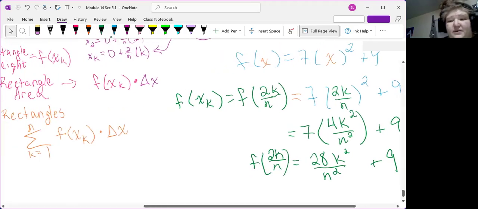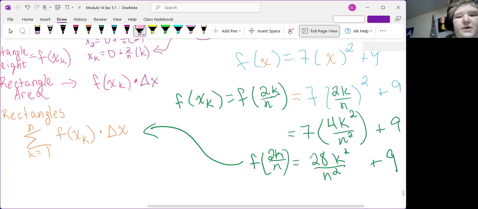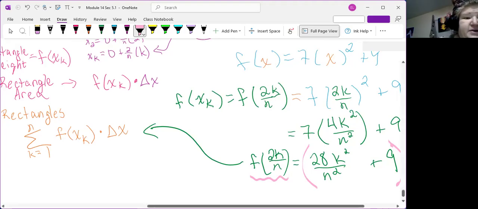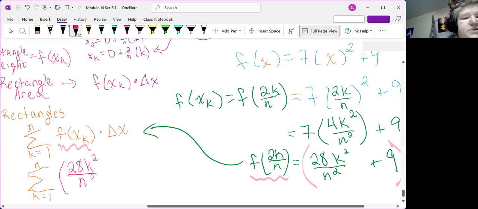So now this is something I can take back to my sigma. So this is saying this whole thing is the same as that whole thing. So I'm going to put that whole thing in this spot. So I'm going to keep my sigma, and now in that spot, 28k squared over n squared plus 9.